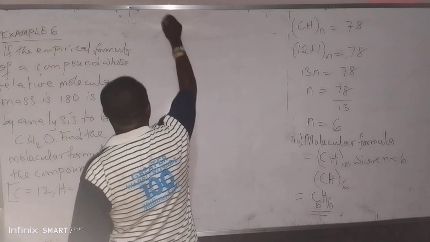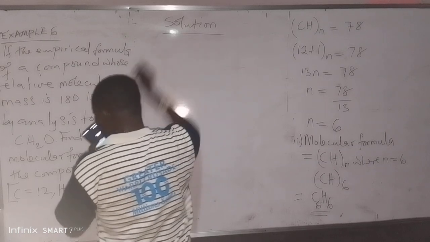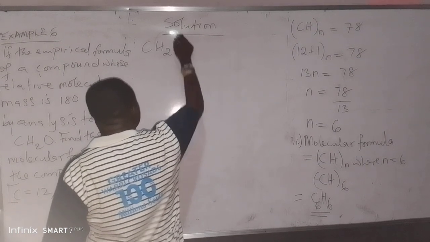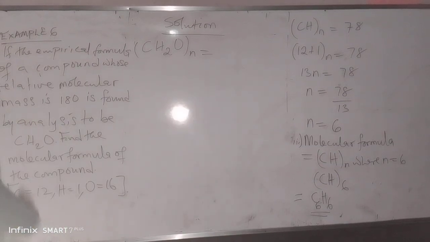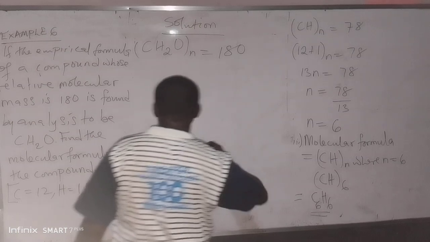Now, to solve this, the empirical formula has already been given to you to be CH2O, then n, and the relative molecular mass has been given to you to be 180. So we write 180.